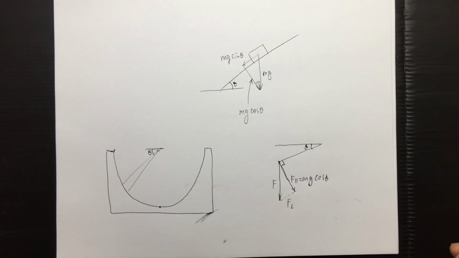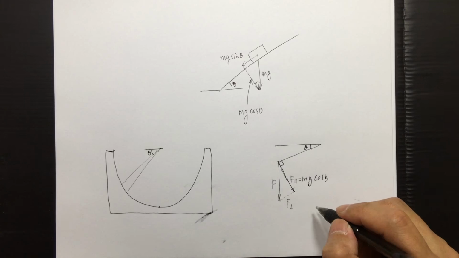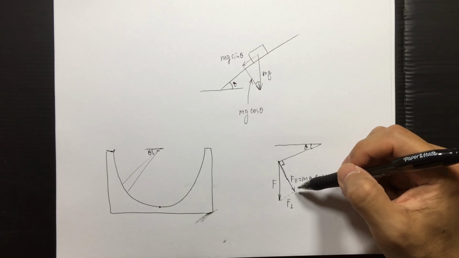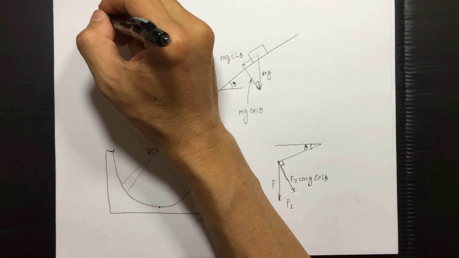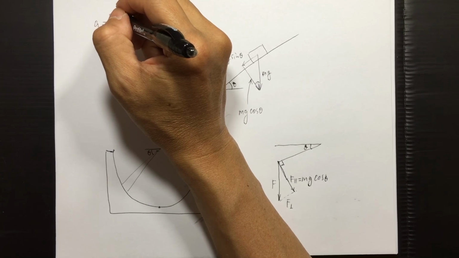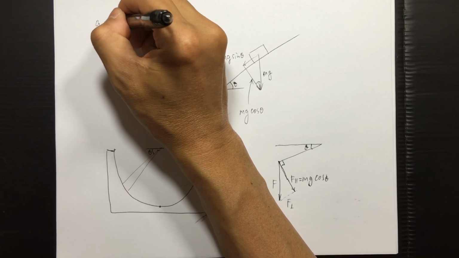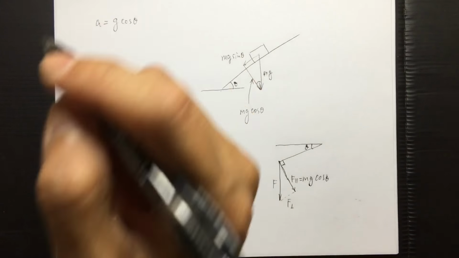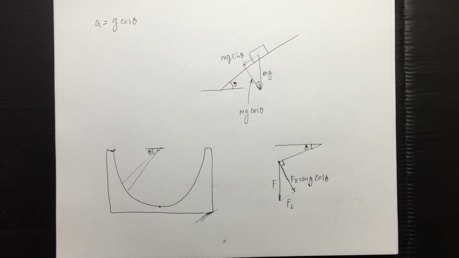So the acceleration of this thing, a, equals g cosine theta. A equals dv dt.